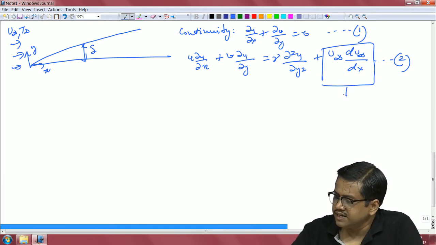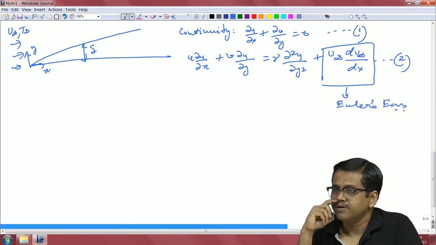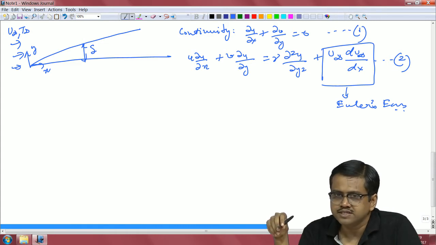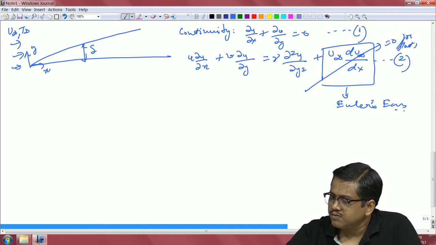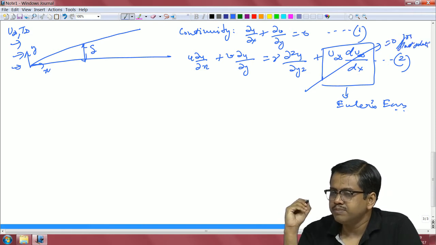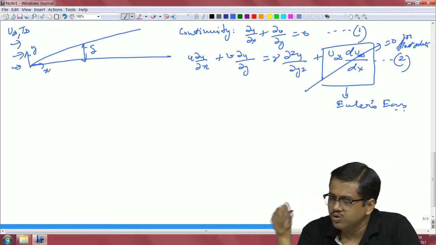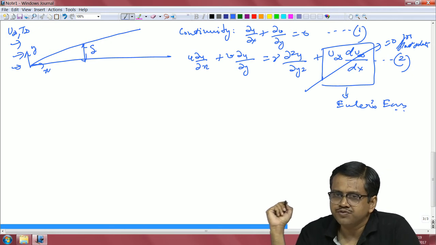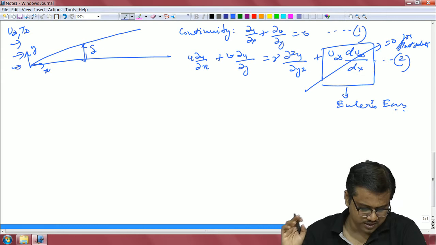This comes from the Euler's equation outside the boundary layer. So, for a flat plate this is equal to 0, but when you are dealing with a plate which is inclined, this will not be equal to 0. So, this is basically the variation of the free stream velocity with x, and that comes from the Euler's form.